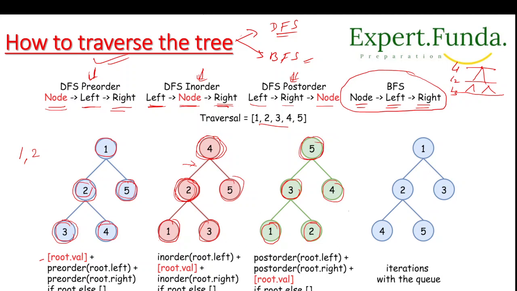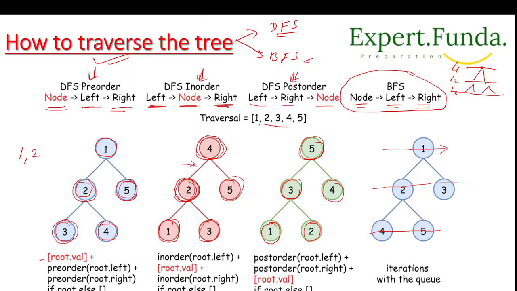Okay, now if we talk about the iteration, right, within the queue, because we are doing breadth first search, right? So in the BFS, first we'll go level-wise, so we'll print 1, then we'll go to level 2 and 3, then we'll go to 4 and 5, right? So these are the approaches for how we will traverse this one.